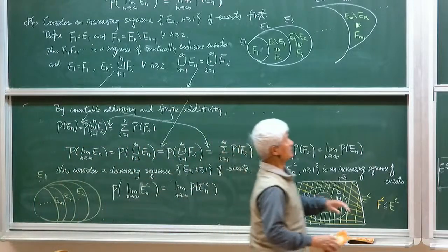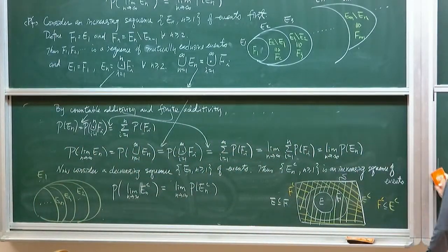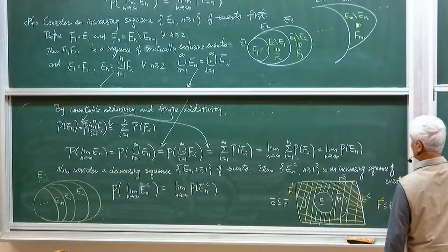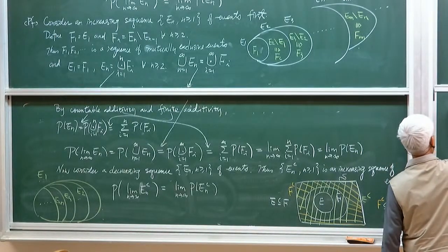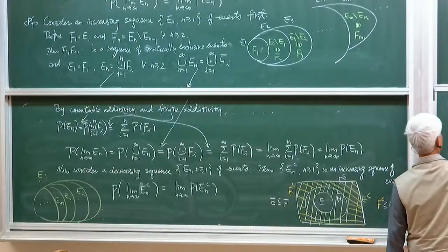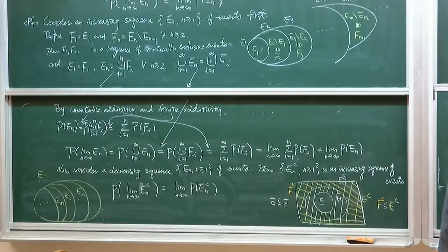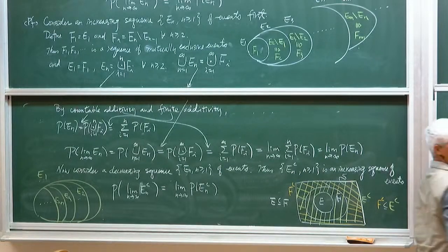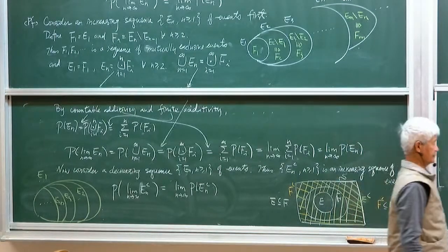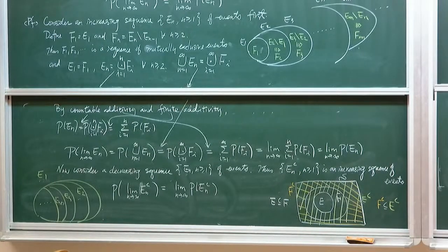Okay, but the limit as n goes to infinity of En complement, by definition, because this sequence is increasing, is just the union.